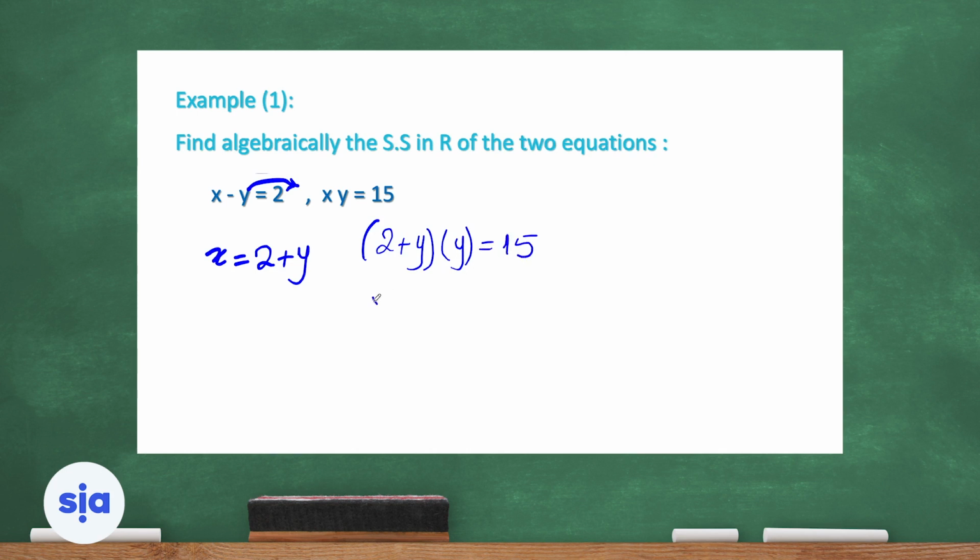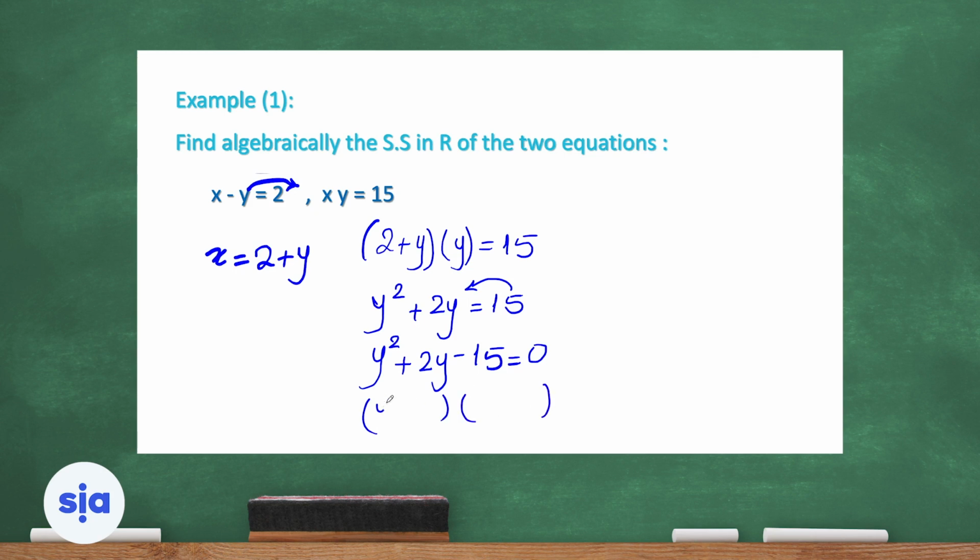By distributive property, you will see that y squared plus 2y equals 15. Put this 15 inside, y squared plus 2y minus 15 equals 0. In this case, let's factorize. Y plus 5 and y minus 3 equals 0.